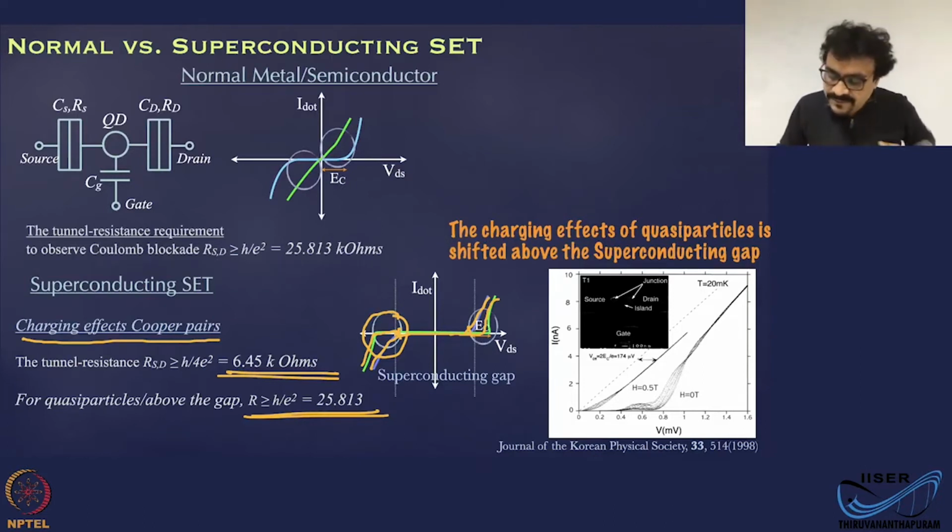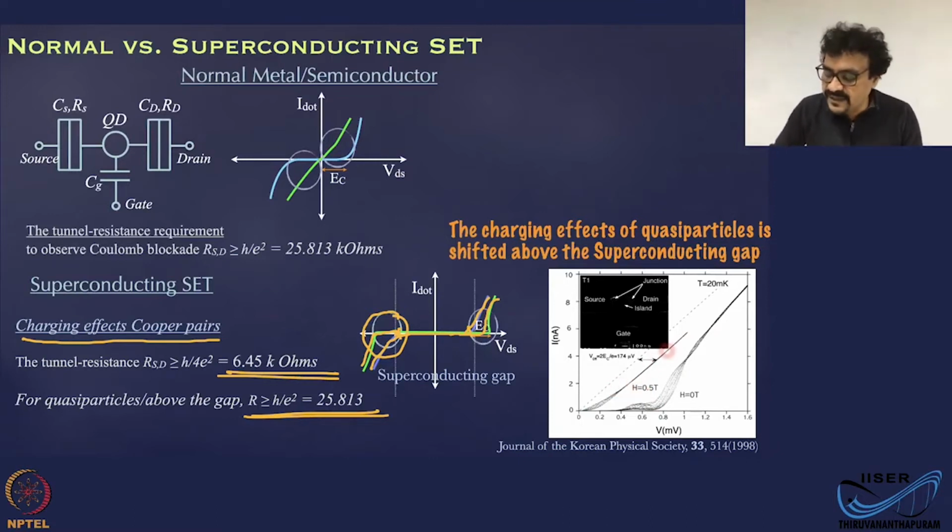For example, in this case, you have a tunnel junction system which is taken from the superconducting state to the normal state by the application of a magnetic field.